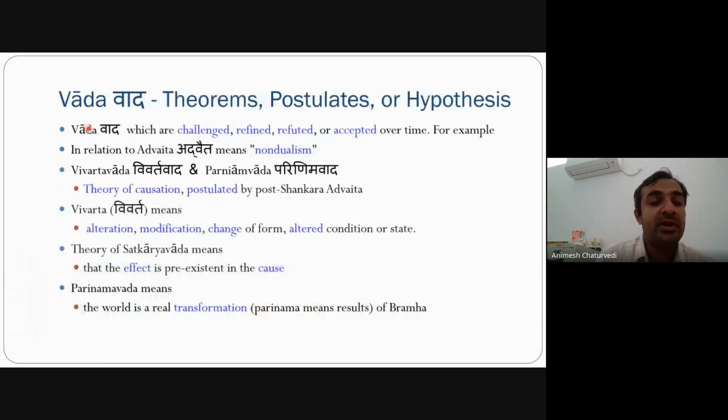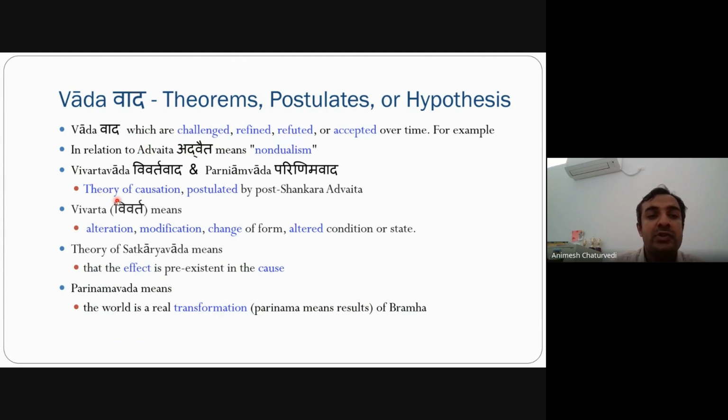Then there were different types of theories, theorems, postulates or hypotheses. There were various challenges, refutations and acceptances of the theories over time, one that could not be refuted being non-dual, that is Advait.